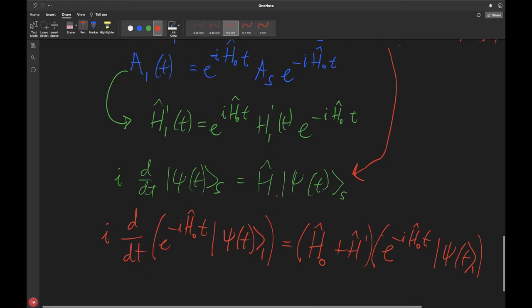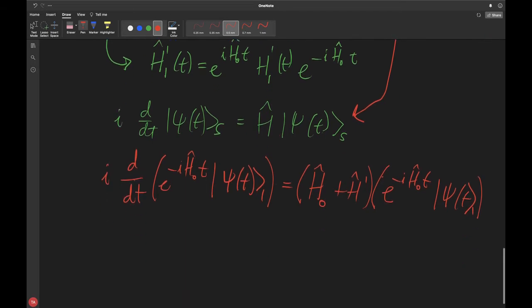So after I execute this derivation here, that means that the H0 comes down, and then I will have the same exponentials, and the H0s will cancel, right? Because there is an H0 from here, there is an H0 from here, then both of them are multiplied with this exponential and the state.